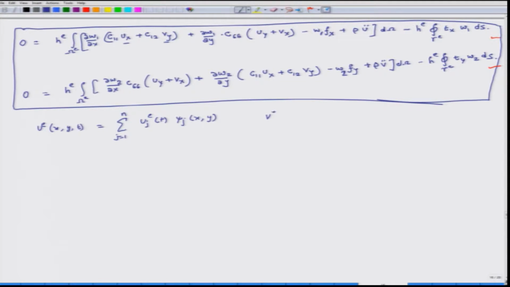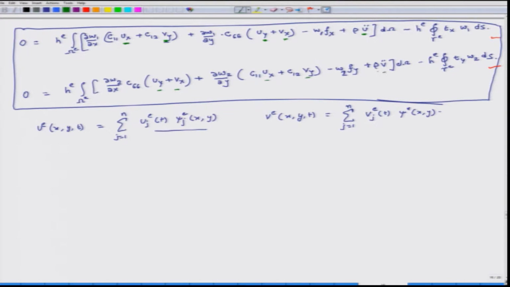Similarly, v for the eth element, which depends on x, y and t, equals summation over 1 to n, Vj, which is a nodal degree of freedom for the eth element, times psi j e, which is a function of x and y. So, we can use these relations in all these terms ux, vy, uy, vx, u double dot, all these terms.